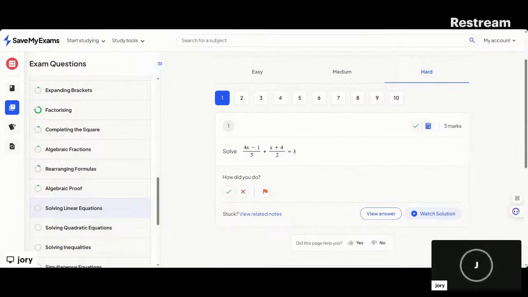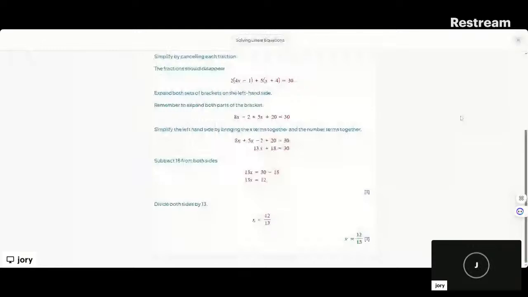So pretty much all this equals 30. 30 minus 20 plus 2 is 12. Plus 5, 13x. X is 12 divided by 13. Yay.